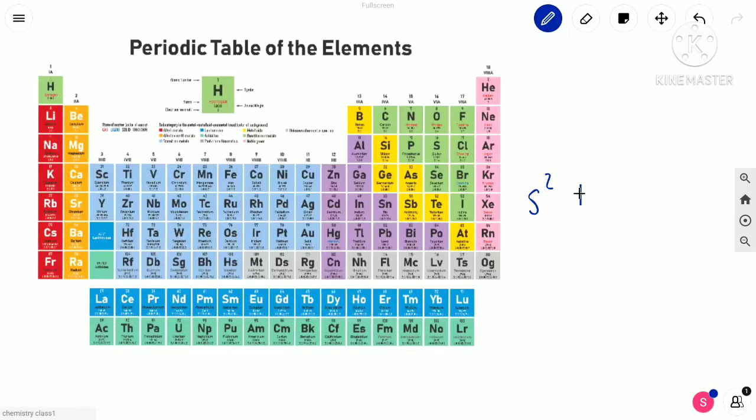The P shell can hold six electrons at max, the D shell can hold 10 electrons, and the F shell can hold 14 electrons. This is the basics of SPDF configuration. And how we fill the shells, there's a method for it. I'll just tell it for fun, but you don't need to know it right now.